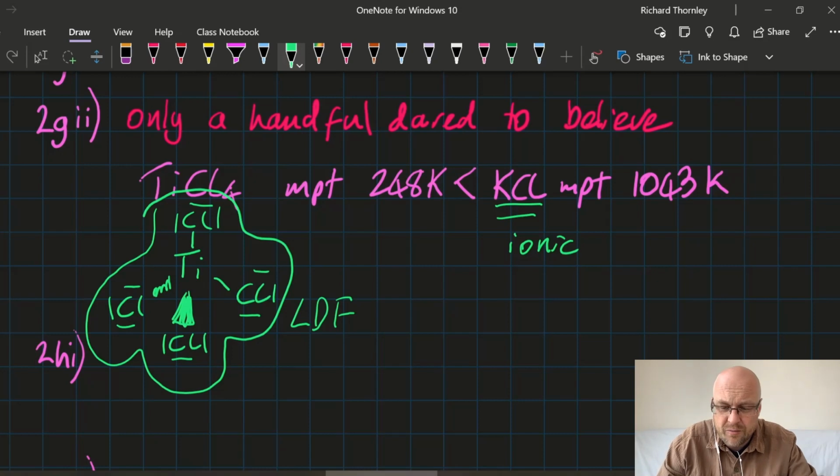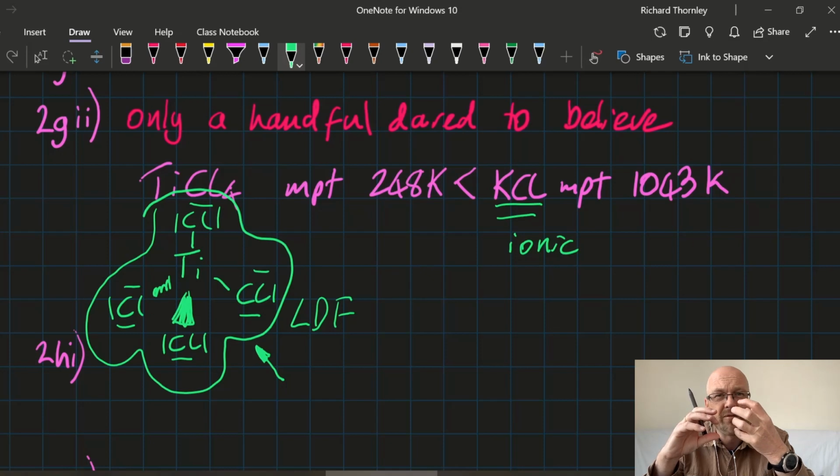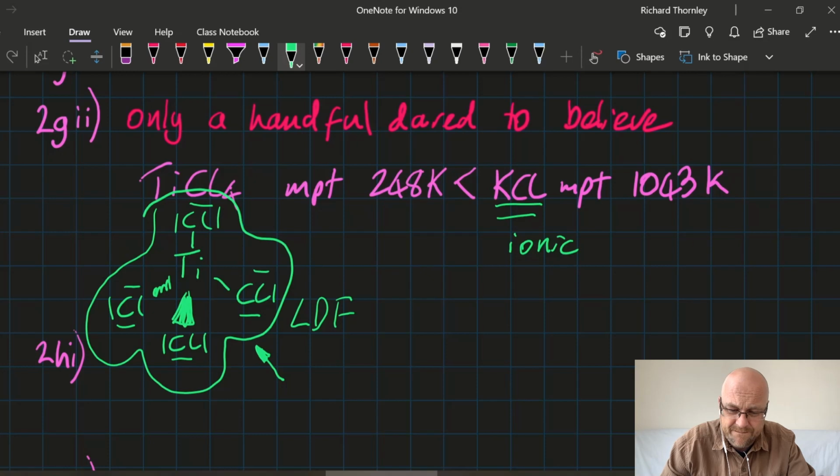So if you said this was a covalently bonded molecule, they wouldn't give you the point. Because, of course, when you're melting titanium tetrachloride, you're splitting up one TiCl4 from another TiCl4. You're not actually pulling apart the titanium and the chlorine. You're not actually breaking those covalent bonds when you melt it. So the fact it's covalently bonded wasn't actually required.